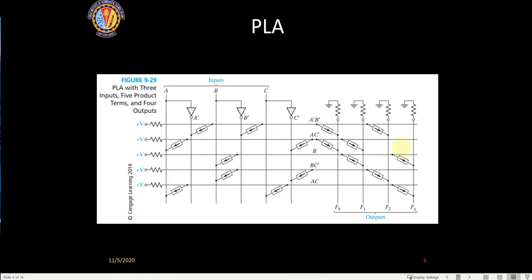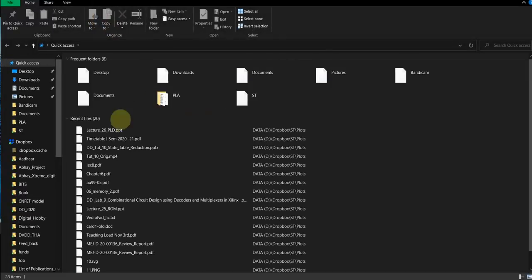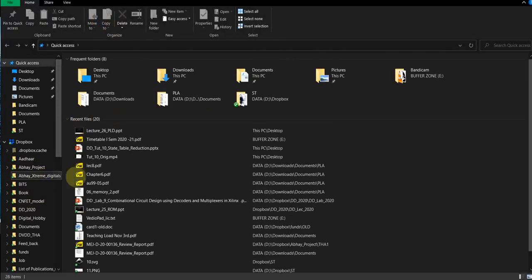Oh yes sir, I remember. You remember that, right? So these are also programmable links. These are two planes. Let me get that file so that you just remember that.